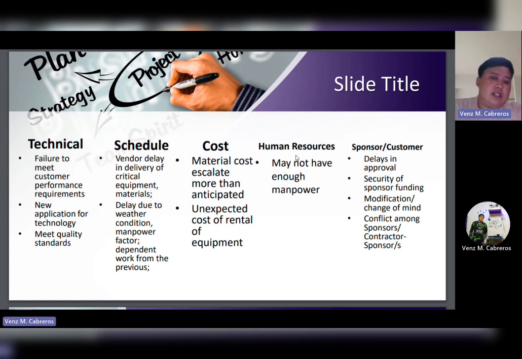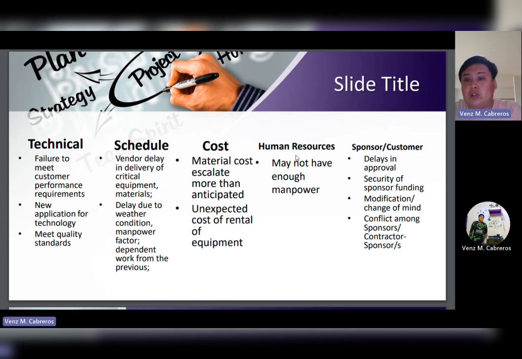Cost: material cost escalates more than anticipated, and unexpected cost of rental of equipment. Human resource: may not have enough manpower, like those who are absent or have left.